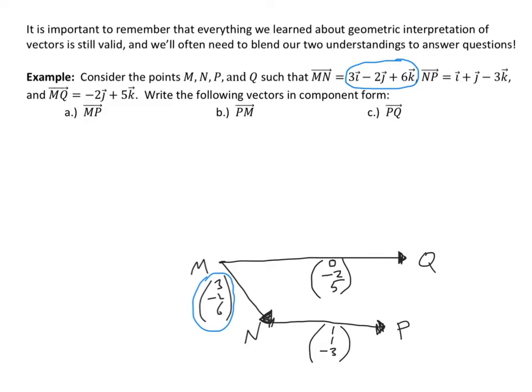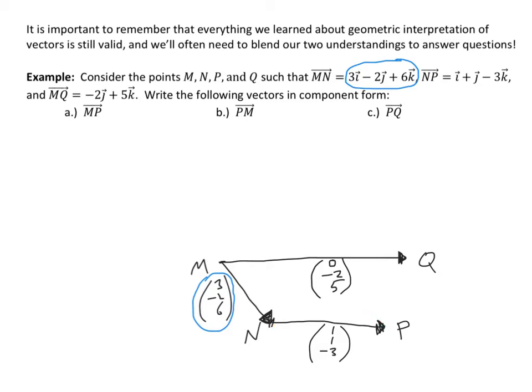Okay, so I'm going to go ahead and do MP with you guys, and then I'll give you some space to work on the other ones. So MP, how would I get from M to P? And I want you to try and think about what we did in the previous lesson. If I wanted to get from M to P, couldn't I just follow the path from M to N and then use the path from N to P?